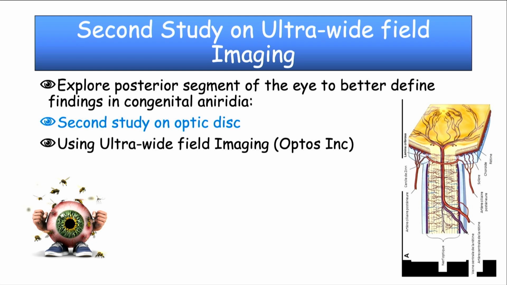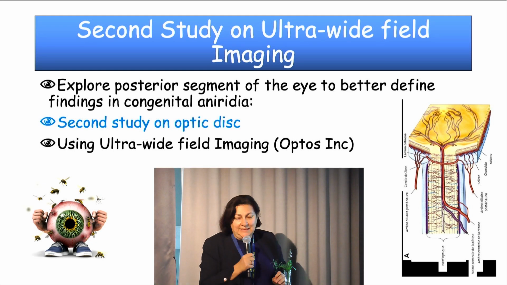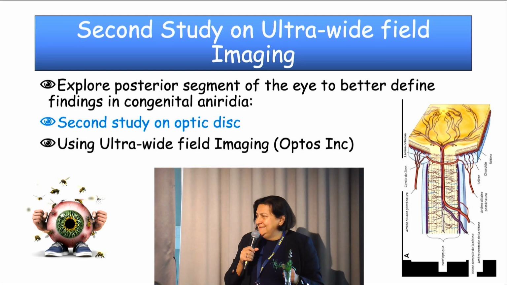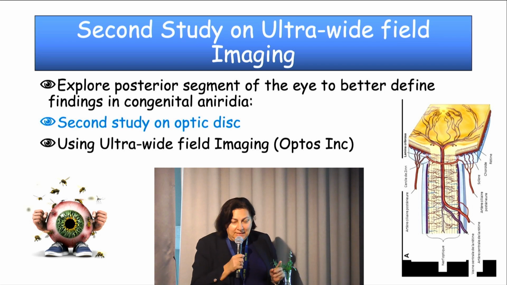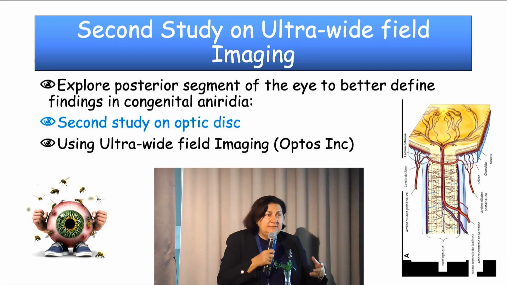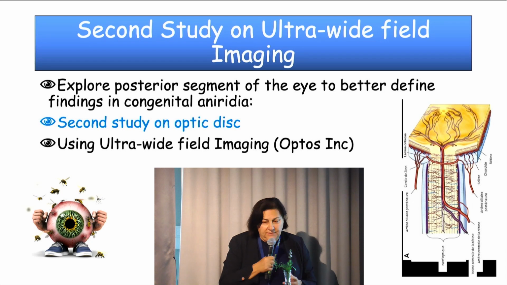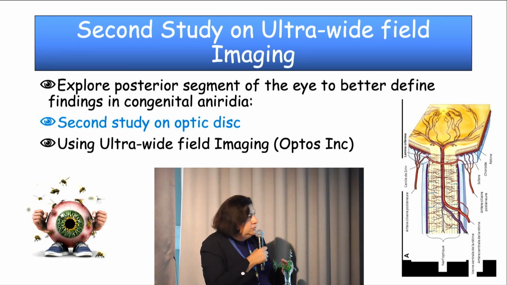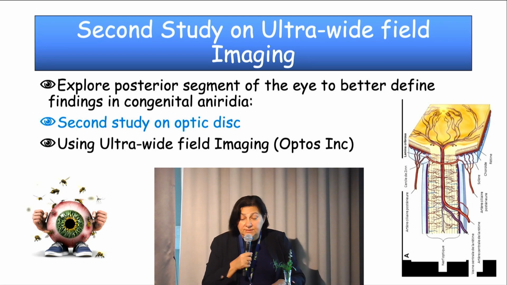The second study, and I try to be on time, was to explore the optic disc. We know that there could be hypoplasia of the optic disc, but is it true? Is it for everyone? Is it different?